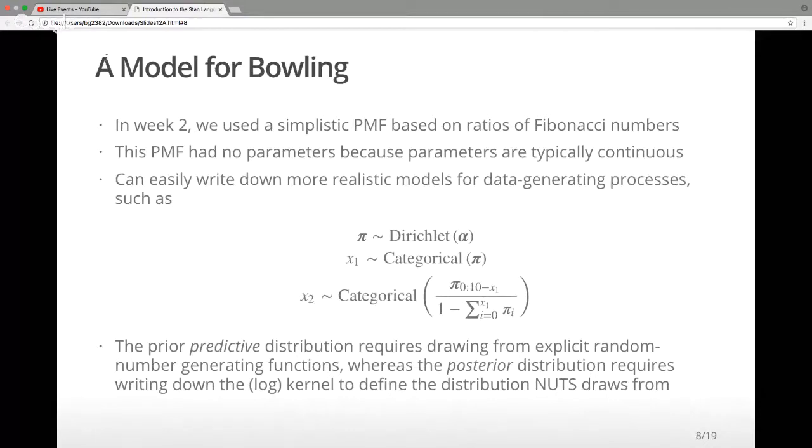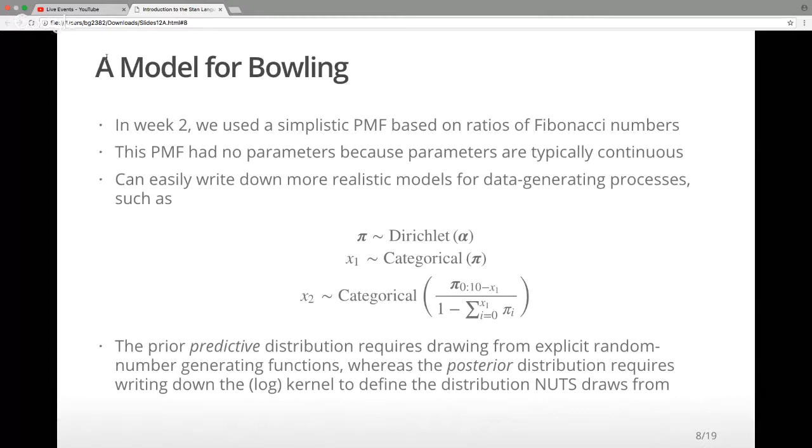So before we jump into writing a Stan program, I want to go back to thinking about something simple, though not quite as simple as the PMF we used in week 2 when thinking about bowling, which was based on ratios of Fibonacci numbers. That had to be as simple as it was because that PMF didn't have any unknown parameters.